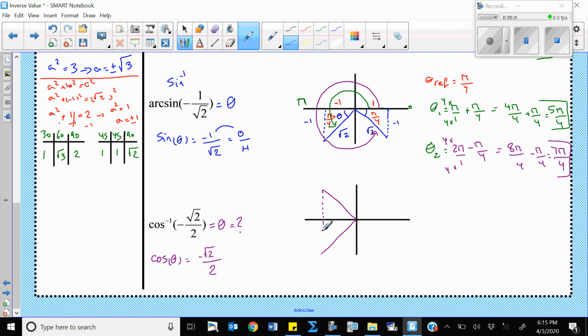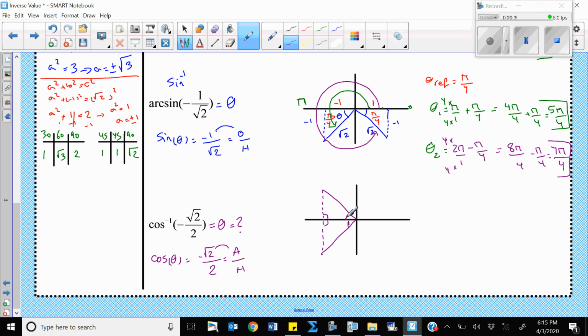So start with drawing the right triangle, this one and this one. Cosine is adjacent over hypotenuse. So the adjacent side of the angle, this is the first one, and this one is the second one that I'm looking for.